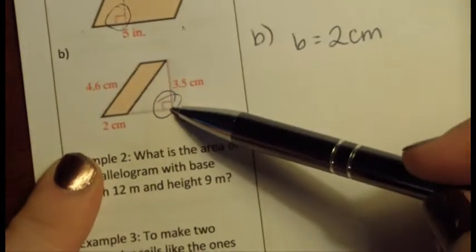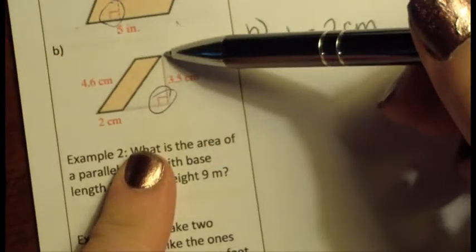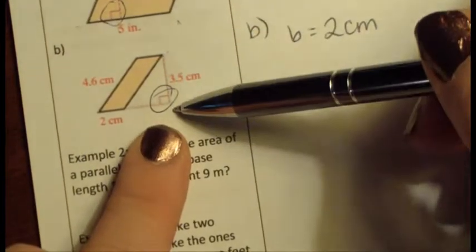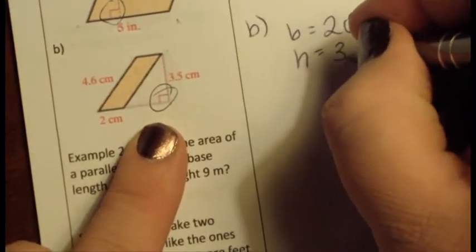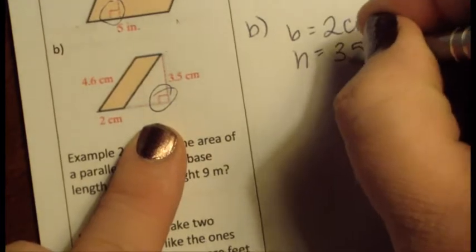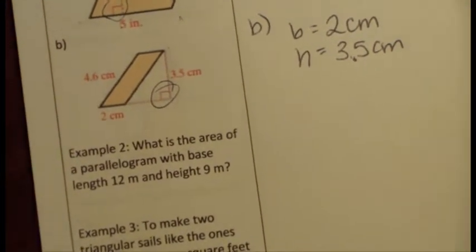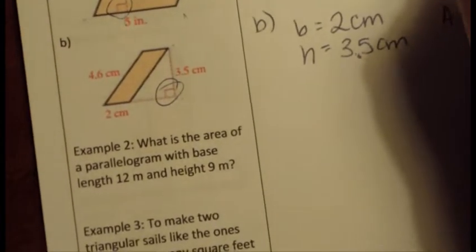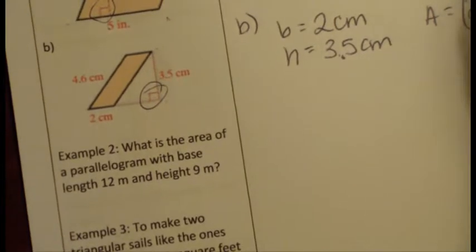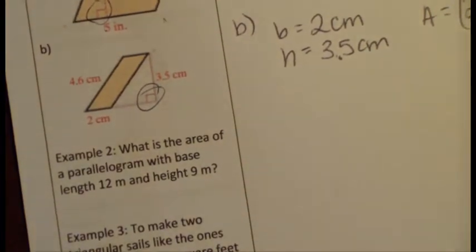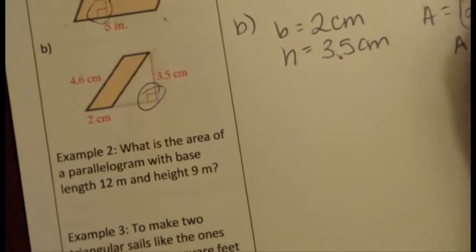And our height is outside of our parallelogram because that's the only way we can draw a perpendicular line down here. So our height is 3.5 centimeters. Again, we've got extra information, so we don't need that. So our area, base times height, is 2 centimeters times 3.5 centimeters. I believe that's 7 centimeters squared.